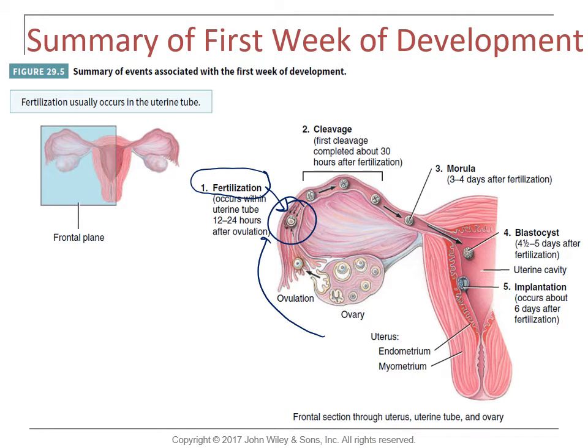Then we have the different stages of cleavage, like 2 cells, 4 cells, 16 cells, 32 cells, right? Eventually we have the morula, 3-4 days after fertilization. Then we have the blastocyst formation, and finally we have implantation.